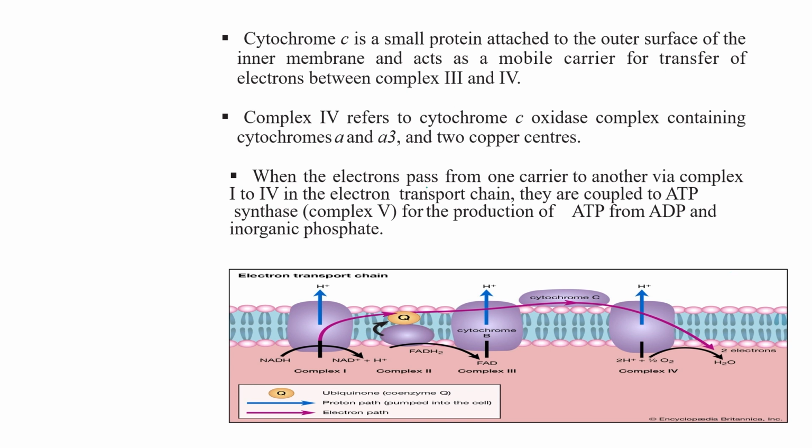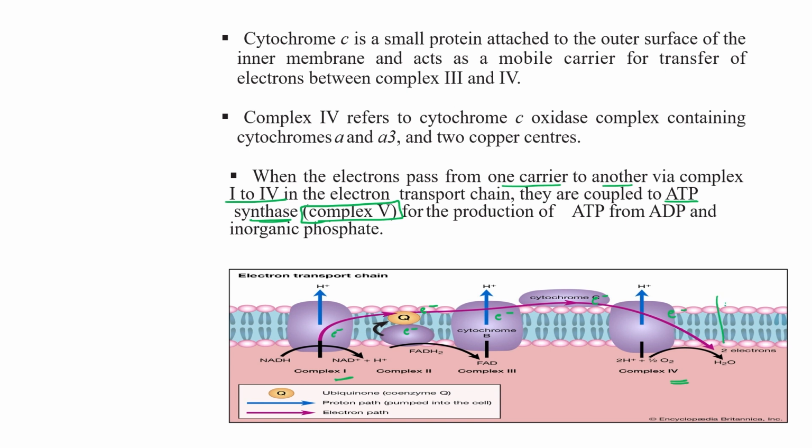Okay, when electrons pass from one carrier to another via complex 1 to 4 in the electron transport chain, they are coupled to ATP synthase, which acts as complex 5. Finally, the electrons move from this complex to this complex to this complex.